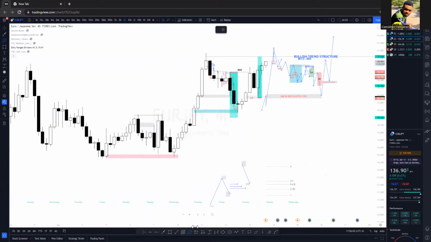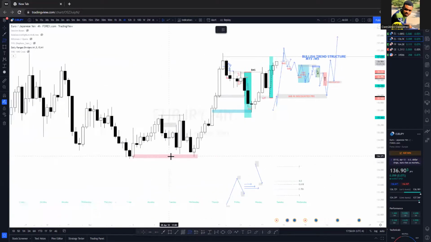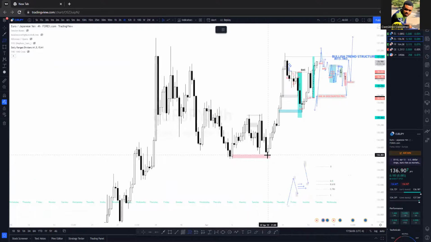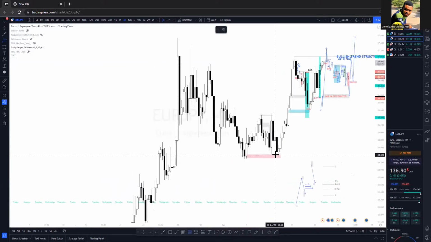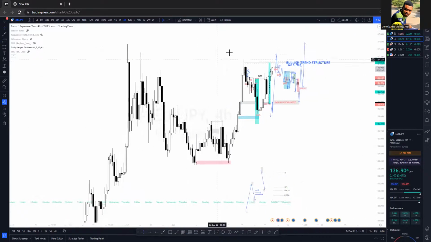So over here, you can see on the H4, this was the last low. All right. This was the last low, the higher low that created this. So you can see price is still bullish, right?